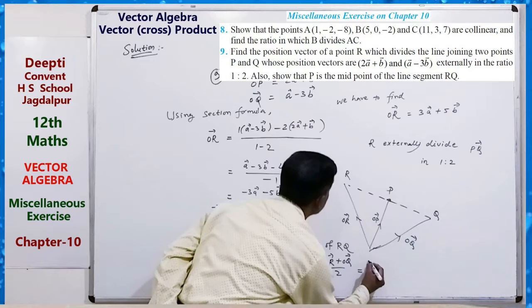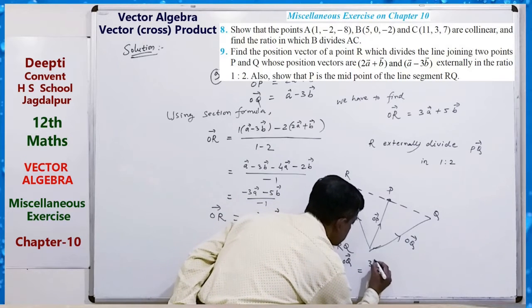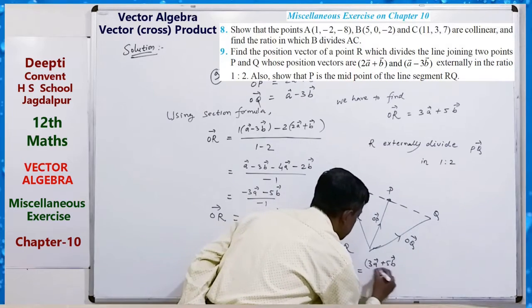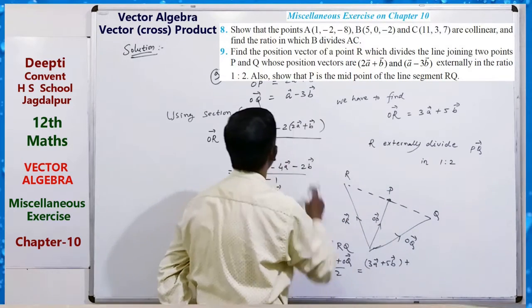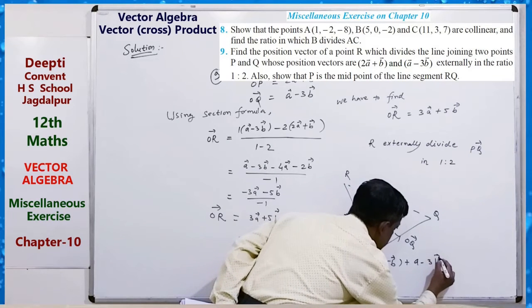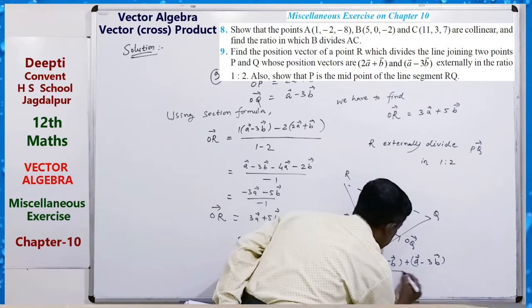OR means 3a plus 5b, plus OQ, which is a minus 3b, by 2.